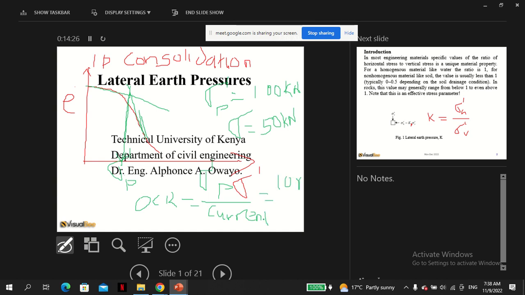of current load. Anyone, for this one, the overconsolidation ratio would be how much? Just make sure we are communicating. For this particular example, what would be the overconsolidation ratio? Classwork?